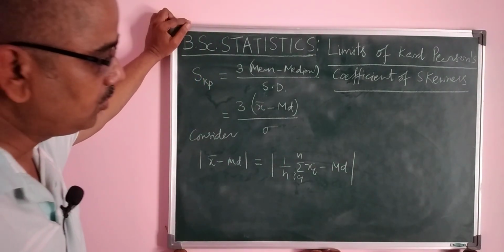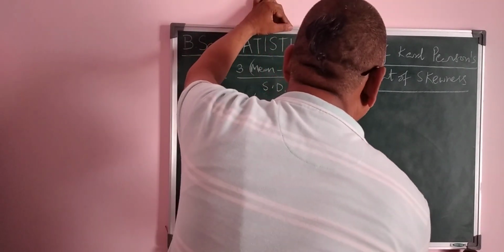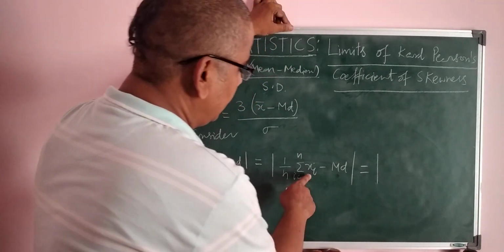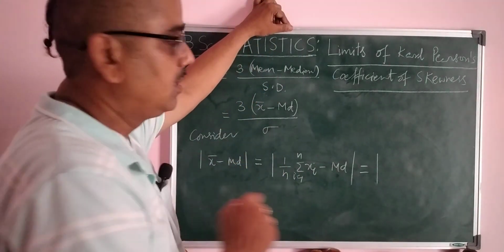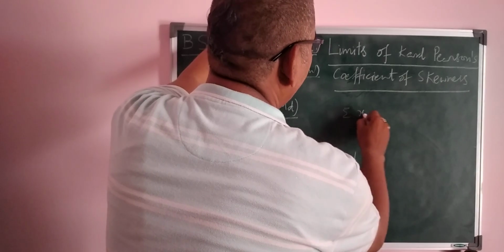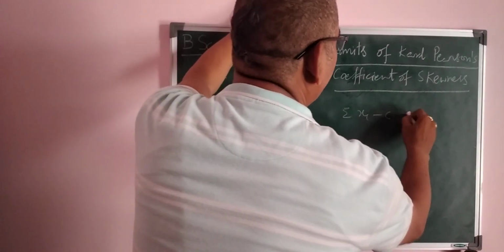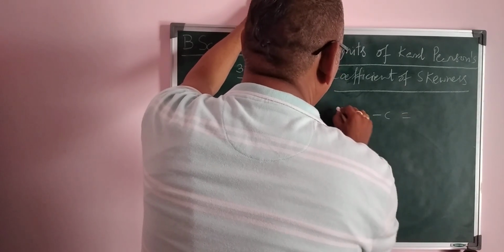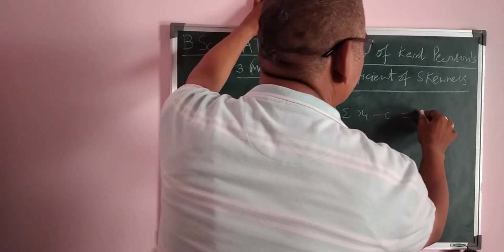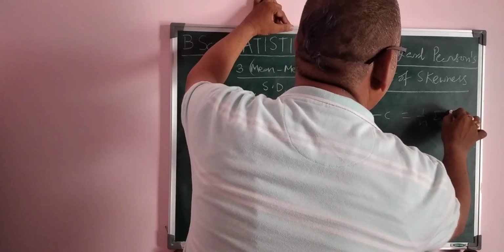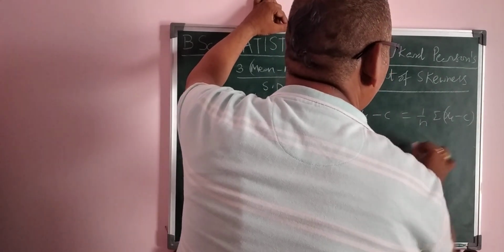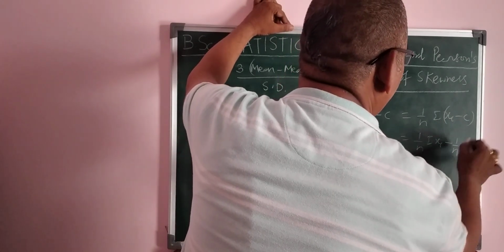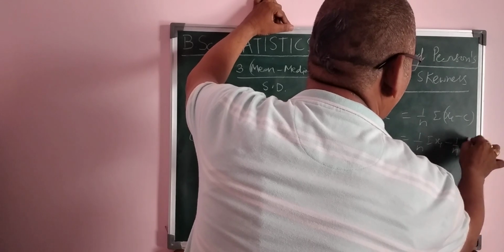Which is equivalent to, I take this median inside of the summation, like summation of xi minus constant, we can write as 1 by n summation xi minus constant, because 1 by n summation xi minus 1 by n summation constant is n into constant.